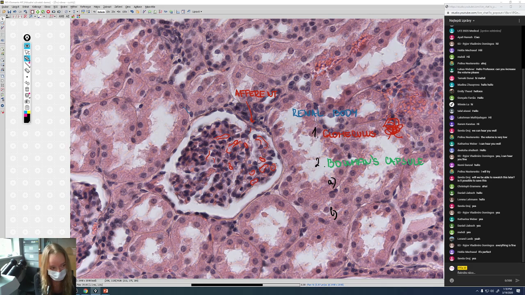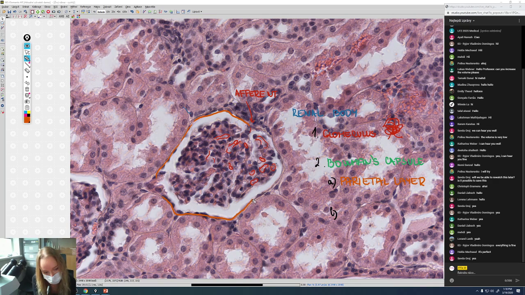And the first layer is, I need some other color, so for example, orange. The first layer of Bowman's capsule is the parietal layer. And this layer we can see right here all around the renal body.